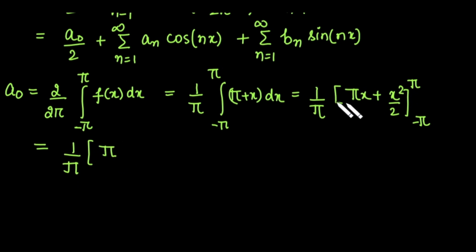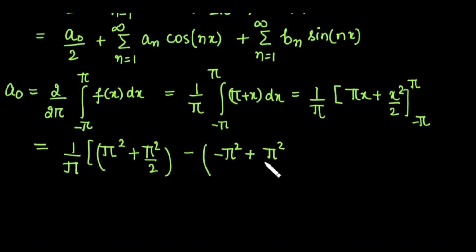So we have pi square plus pi square by 2, minus lower limit. When you substitute here x as minus pi, what we have, that is minus pi square plus minus pi square, that is a positive pi square divided by 2.